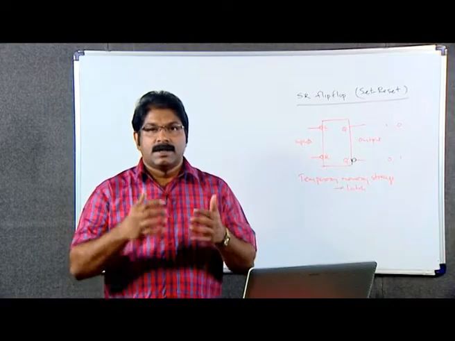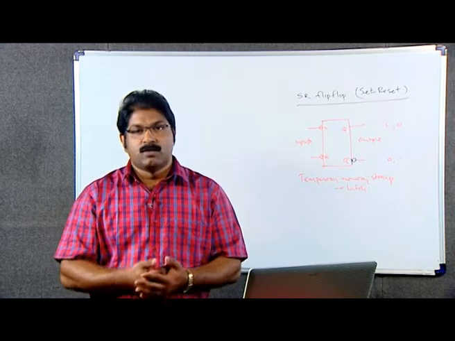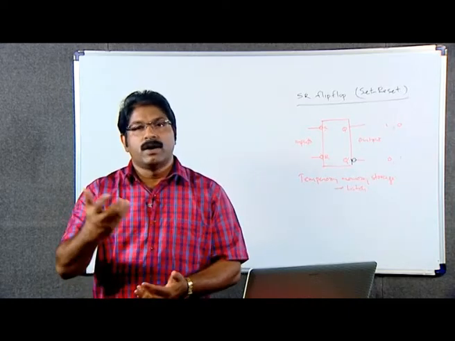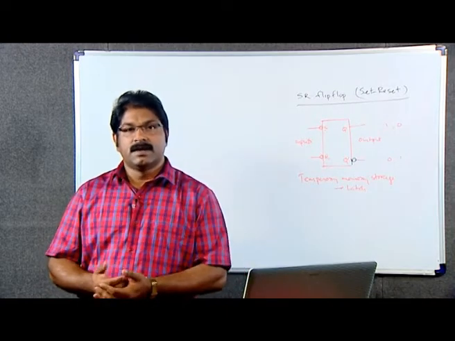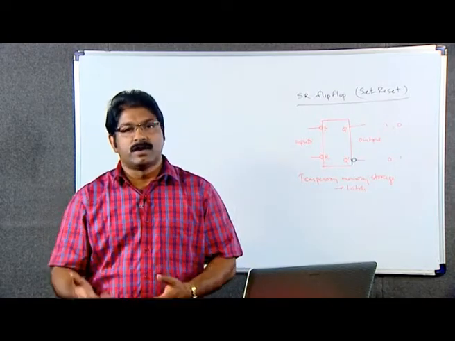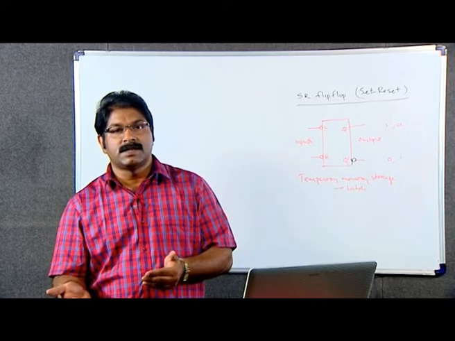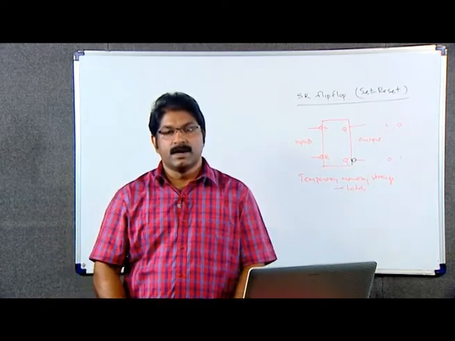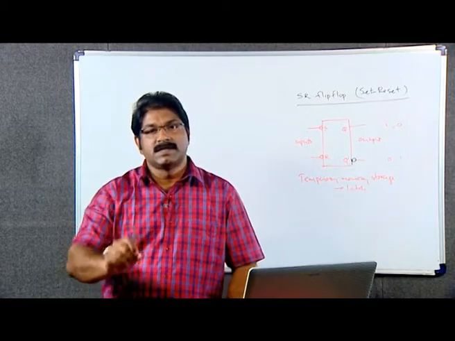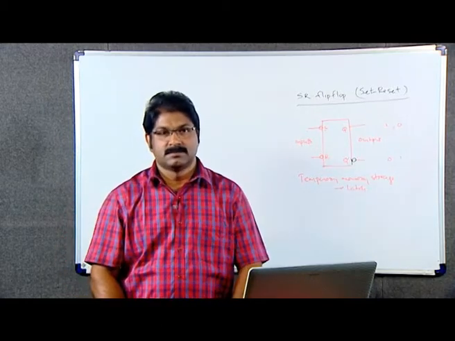We say that a flip flop is set when the output Q goes 1, and in this state the output Q goes 1 when the set input is low. That is the reason why this latch is called an active low latch.